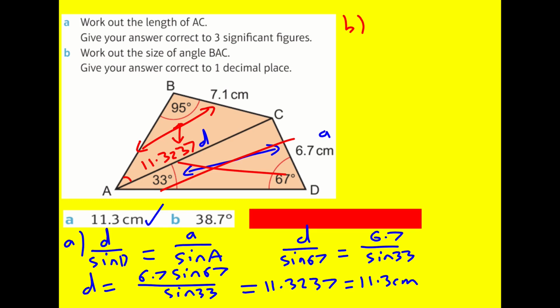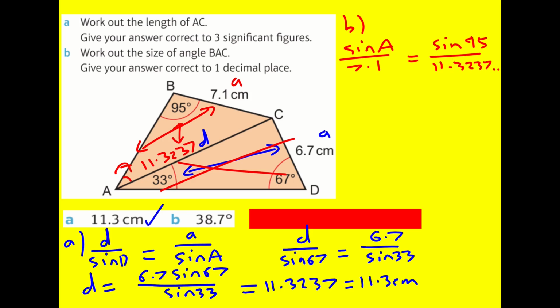In this case, I'm going to call this, what should I call? I'll call this angle A, and now this is little a, and I'm working out the angle, so it's going to be sine capital A over 7.1. That's my first angle side pair, equals sine 95 over 11.3237.